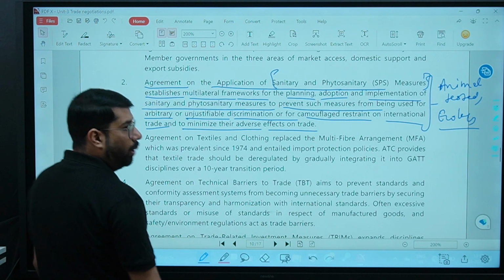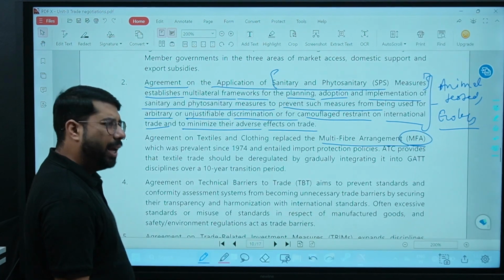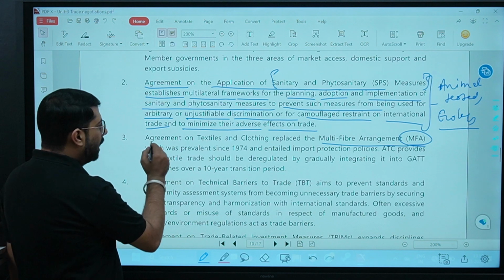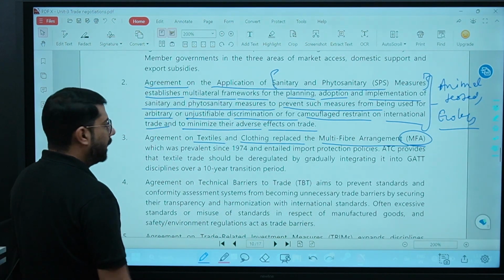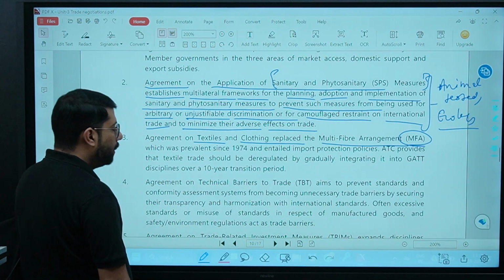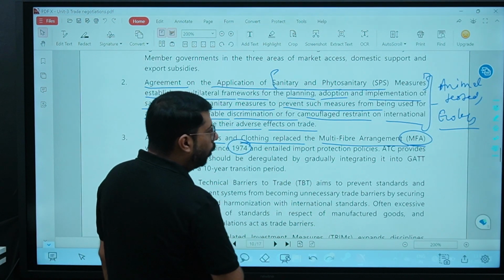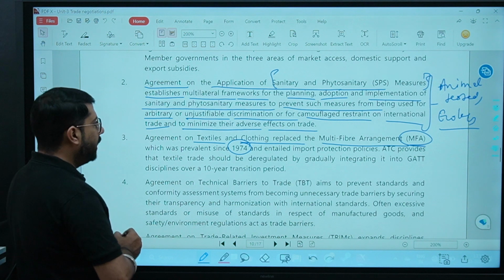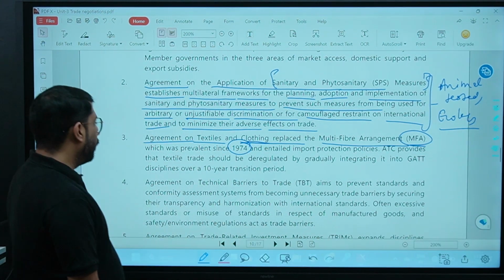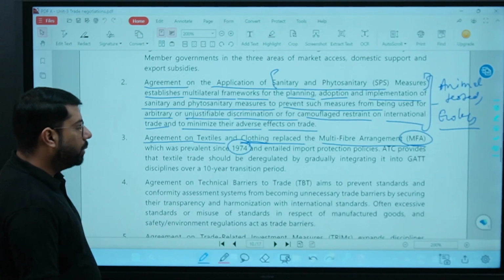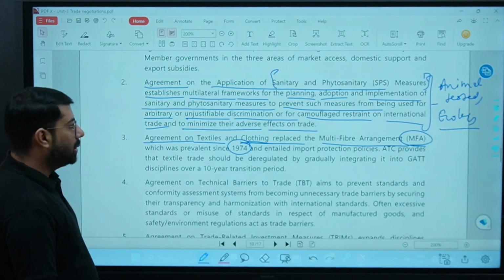Third is MFA, what we call multi-fiber agreement. Sorry, multi-fiber arrangement also you can say. It's like the agreement on textiles and clothing replaced the multi-fiber arrangement which was prevalent since 1974 and entailed import protection policies. ATC, that is agreement on trade in textiles and clothing. ATC provides that textile trade should be deregulated by gradually integrating into GATT disciplines over a 10-year transition period.